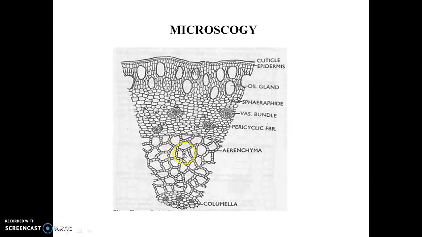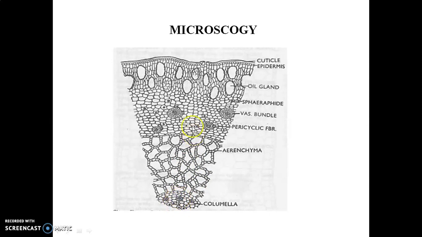So the combination of parenchyma and air, that layer is known as the aerenchyma. This layer is separated by a lamella, one cell thick, which supports the central columella. This aerenchyma is present to support the columella region, which is present at the middle.